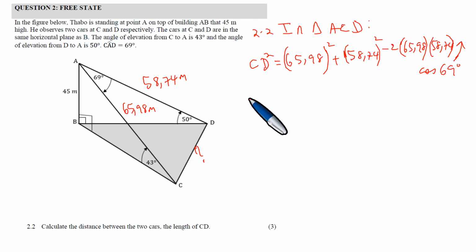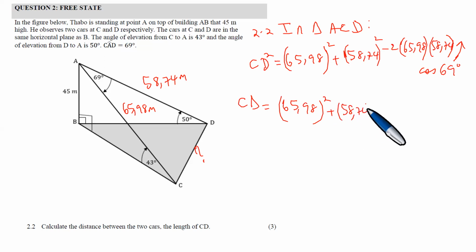So what do we then get out of all this? We're able to get that CD itself is actually equal to the square root of 65,98. Okay, you square this. You add the square of the 58,74. You square this minus 2 into 65,98.